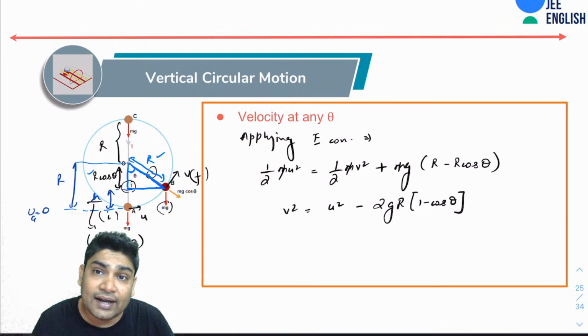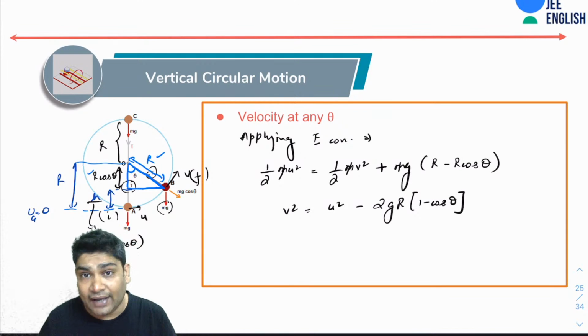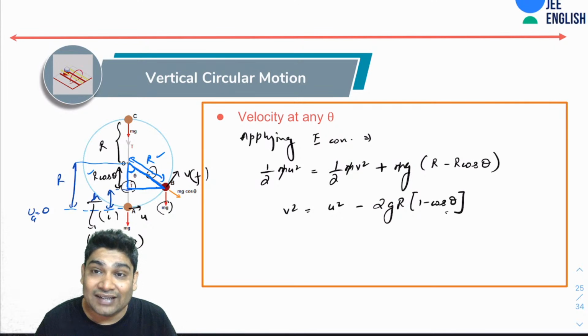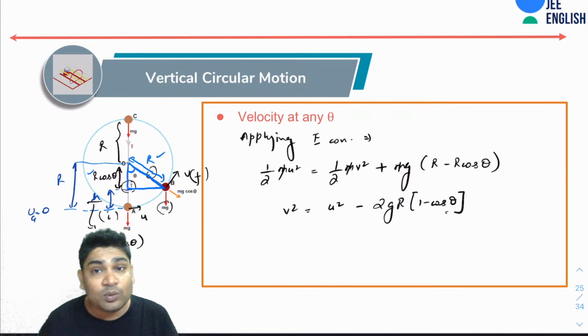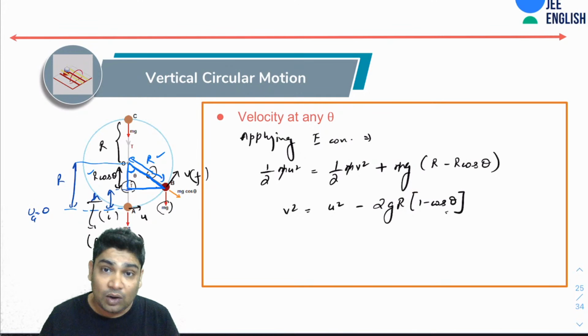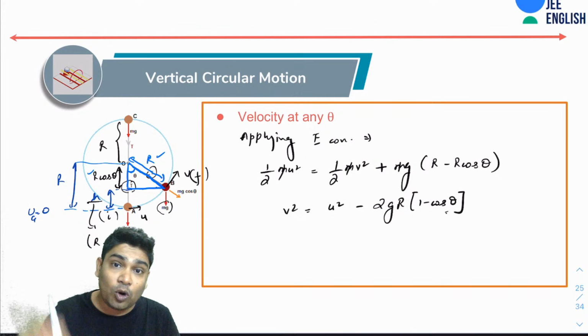So obviously what I will realize is that the speed is continuously decreasing as theta increases. Initially theta was 0, so cos theta will be 1, and you will find that at theta equals 0, you are getting v equals u, which is fine. As theta increases from 0 to 180, cos theta will decrease from 1 all the way to minus 1.